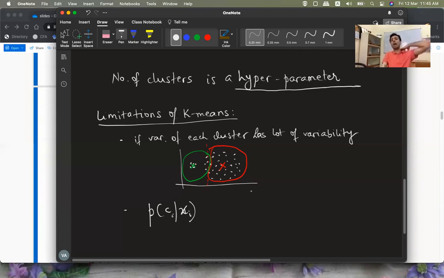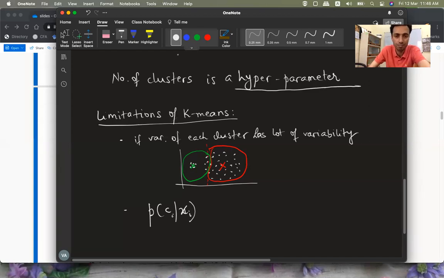K-means clustering does a hard clustering, not a soft clustering. Right? Are you getting this point? I know that these points belong to the margin, so we are very less confident that they actually belong to the green cluster or the red cluster. They are on the margin. So we need an approach which also tells us the probability that this particular Xi has this label, probability of the label given the data point.